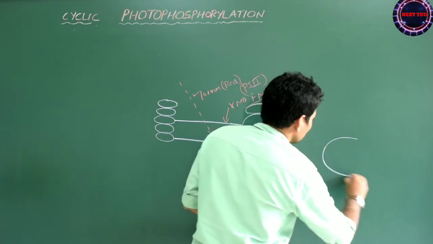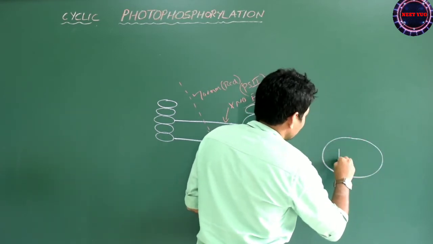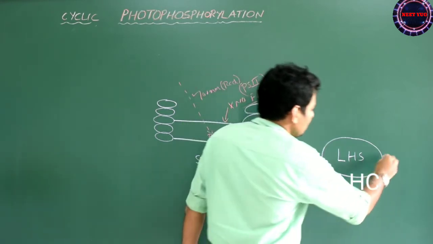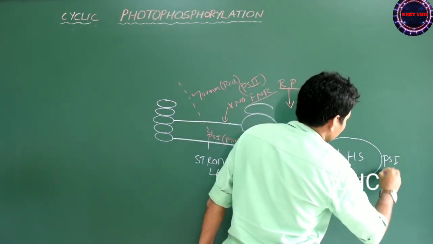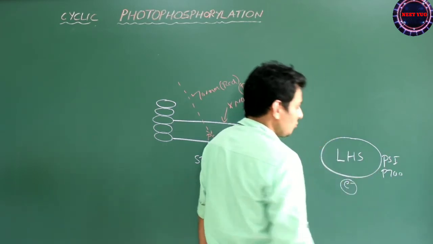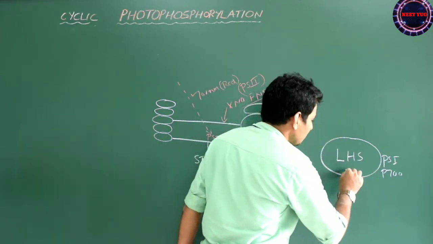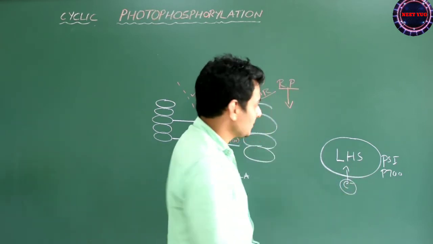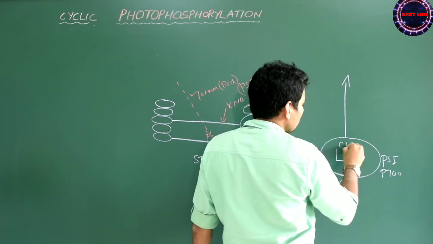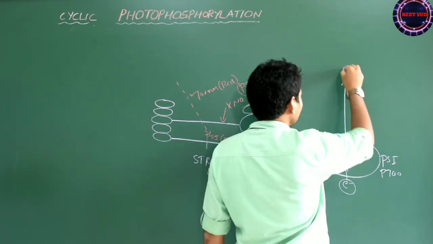For that, I am going to draw one circle and name it the light harvesting complex, that is nothing but PS1 or P700. Okay, so the splitting of the water occurs now in the stroma and the electrons are accepted by this PS1. Then it gets excited. What gets excited? The chlorophyll a gets excited.